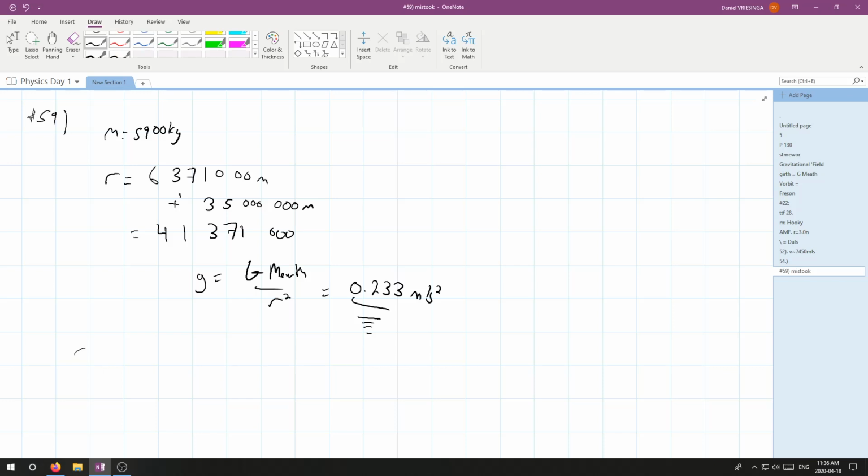Remember that if you're orbiting the Earth, then your centripetal acceleration has to match the field strength of the Earth. And if that's not the case, then you'll fall back to the Earth. If you're traveling too slow, you'll fall back down.